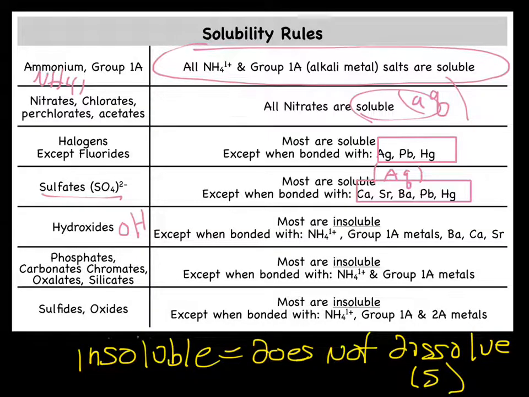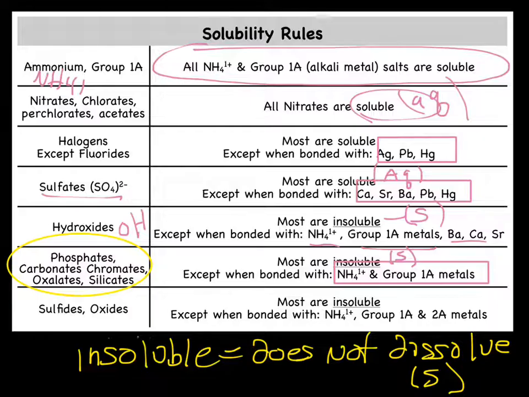Most hydroxides are insoluble, meaning most will form a solid, except when bonded with ammonium, group 1A metals, and also barium, calcium, and strontium. Then we've got a whole bunch more polyatomics here: the phosphates, carbonates, chromates, oxalate, and silicates. Most are insoluble, meaning they'll form a solid, except when bonded with the group 1As and the ammoniums.